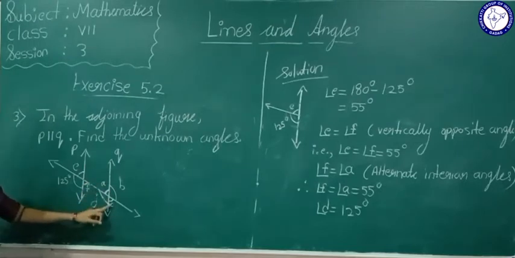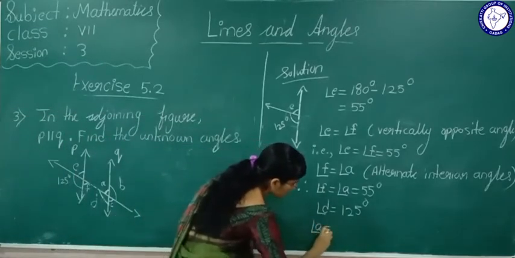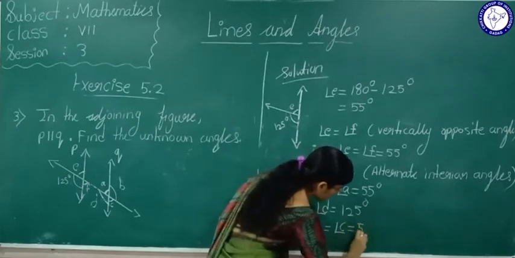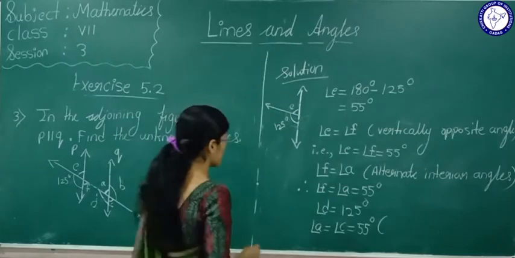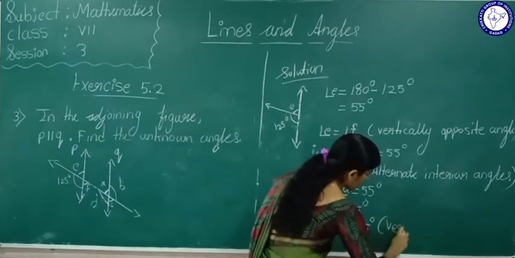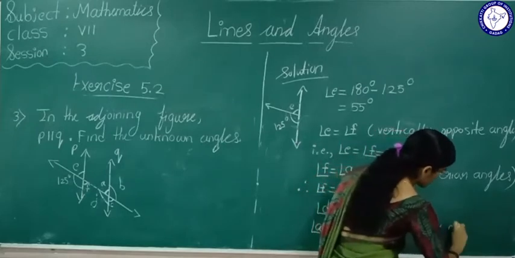Now what about angle C? Angle C is equal to what? 55 degrees, yes or no? Angle A is equal to angle C is equal to 55 degrees. Which angles are these? Vertically opposite angles. We know that vertically opposite angles are equal.